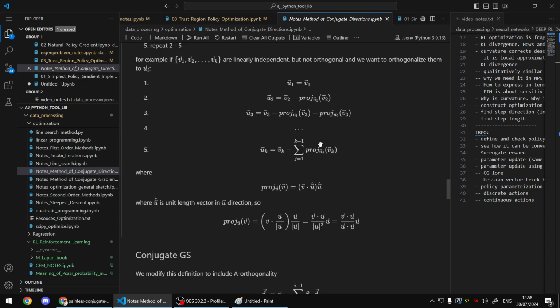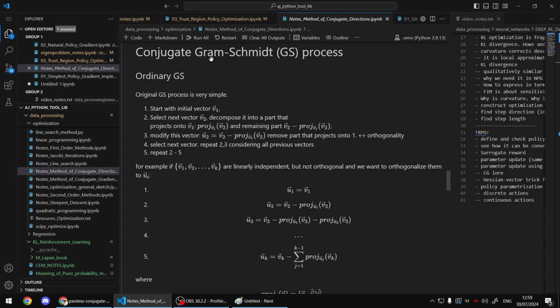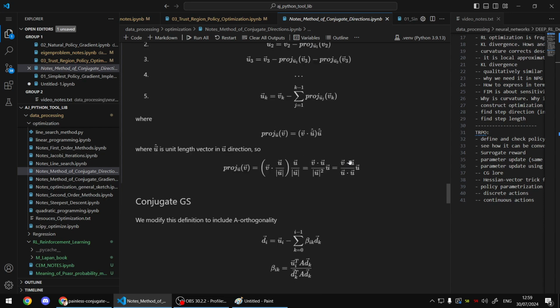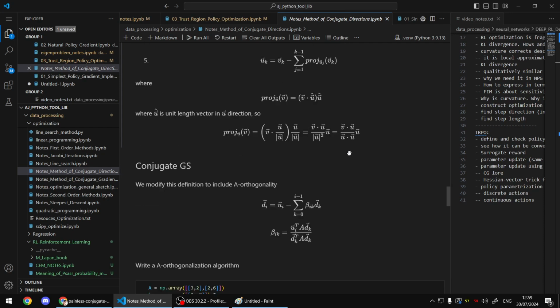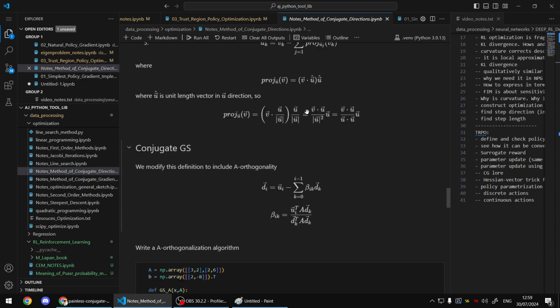So that was the idea of the Gram-Schmidt orthogonalization process, but we can implement this measurement of dot products or distances or angles if we replace this A inside, and it just straight up turns into a new kind of conjugate Gram-Schmidt orthogonalization.